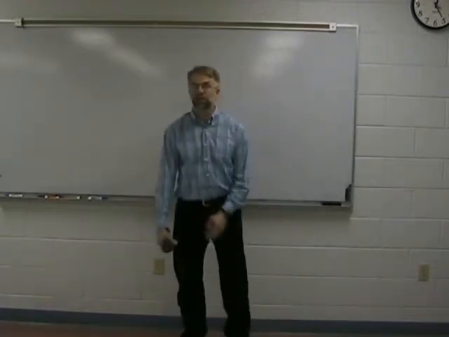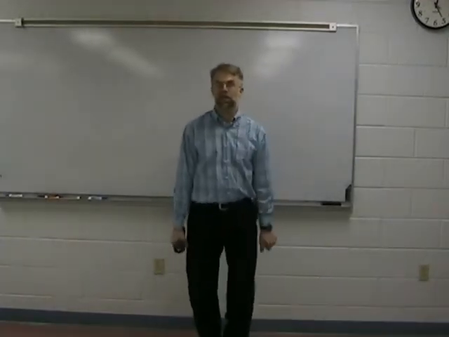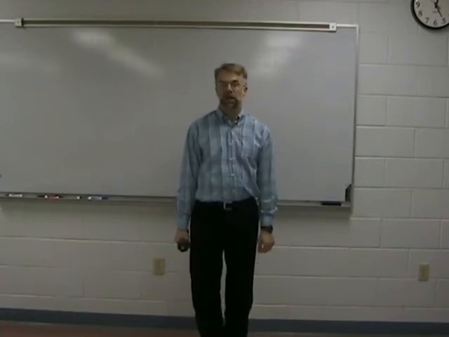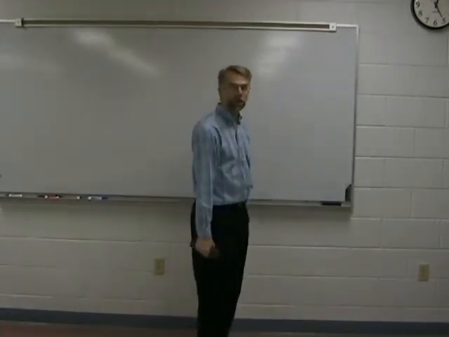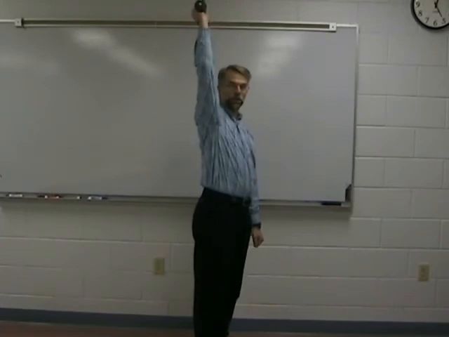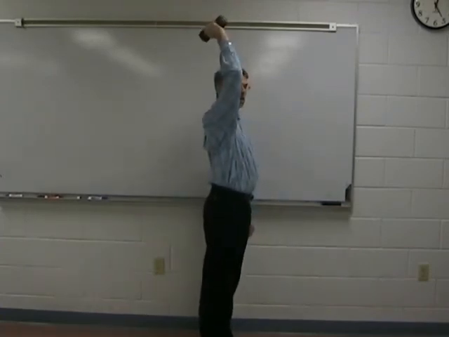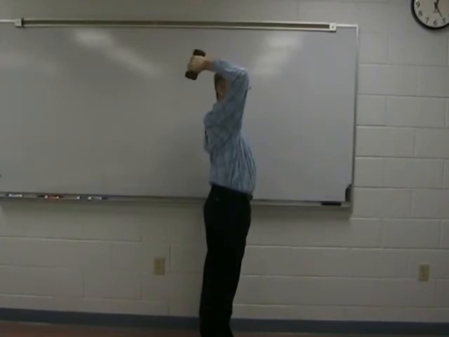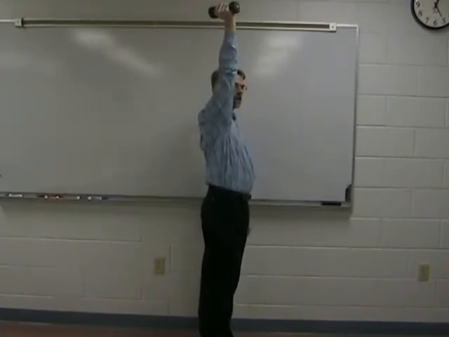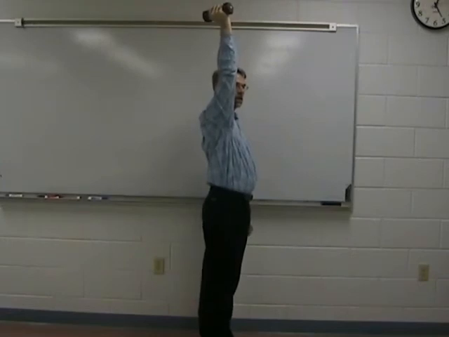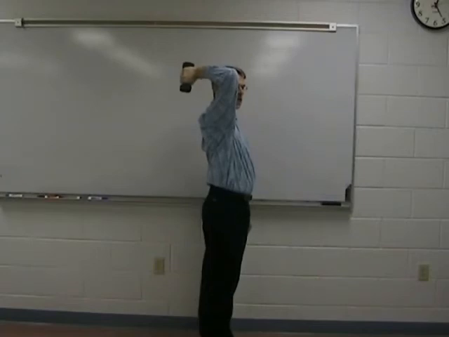Let's look at the elbow extensor group and some examples with that. So, I have my same 4-pound weight. I'm going to start this time with this weight up over my head. Okay? And I'm going to slowly lower it back like this. So this is the movement that I'm looking at.